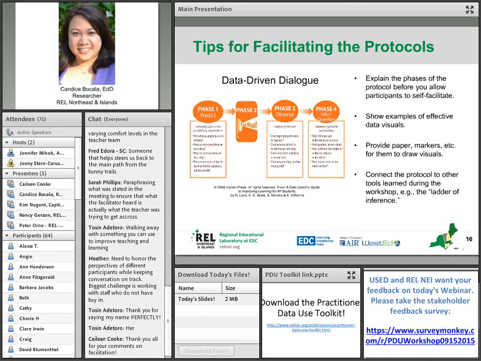The ladder of inference is a mental model that helps people think about the relationship between the data that you take in with your senses and then the data that you're observing and paying attention to. And at the bottom of the ladder, if you can imagine a ladder going from low to high, at the low end of the ladder is data that is fact, that is presented as observation, that nobody can argue that it's true.